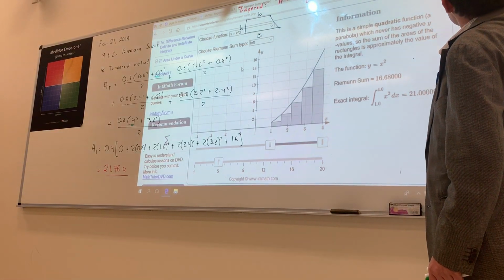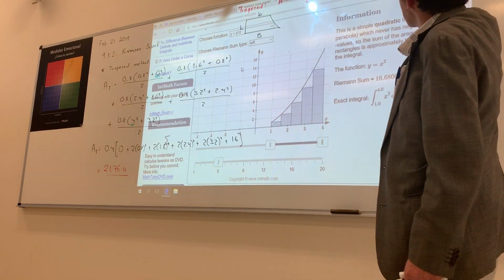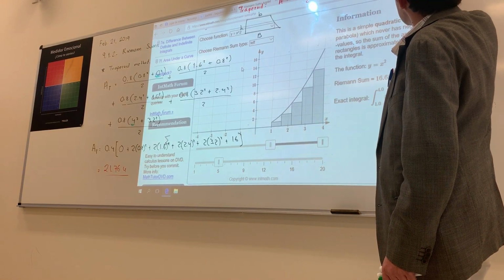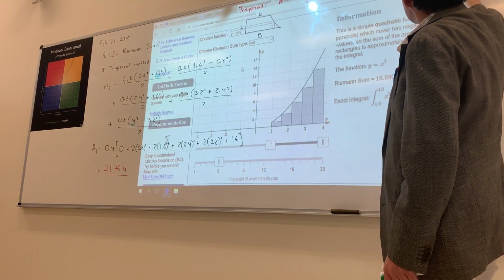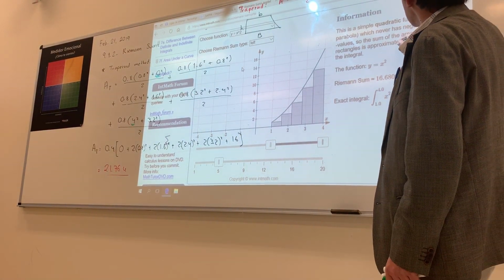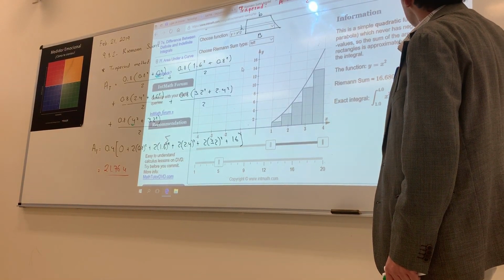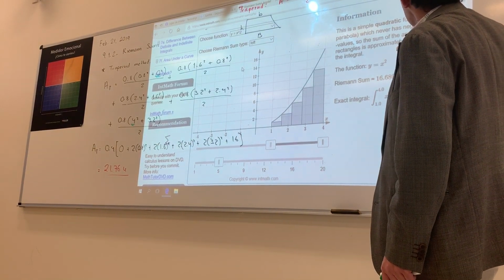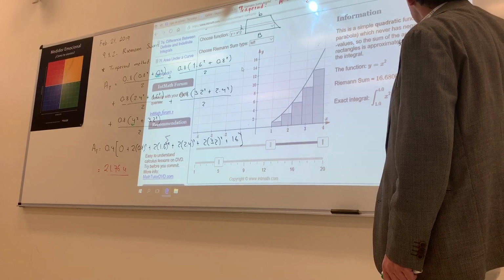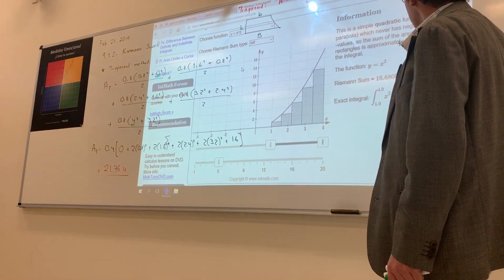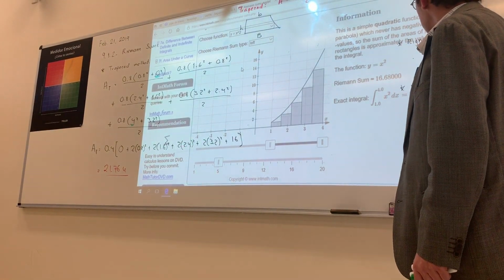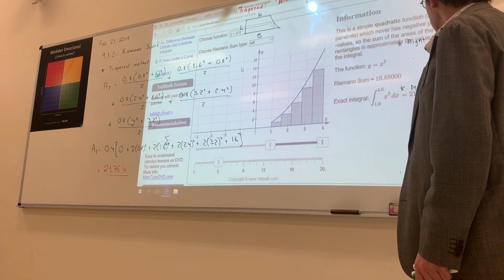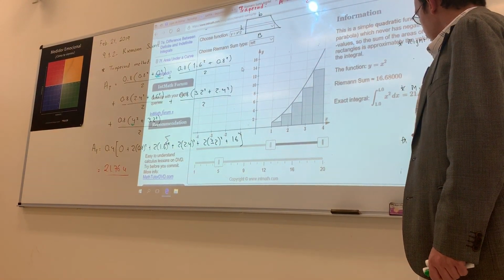Riemann. So remember, we have left endpoints, we have right endpoints, we have midpoints, and we have the trapezoid.